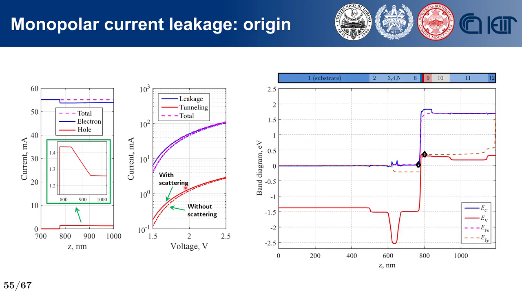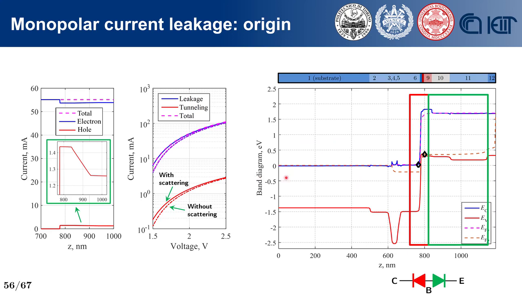Let's stay on this. If we come back to our band diagram, we can try to draw on it these two squares, and we can understand basically that this band diagram is almost equal to the one of a couple of back-to-back anti-series diodes. It is like having a base current given by a tunneling current, the flow of electrons going from right to left through tunneling, and this enables a much higher flow of electrons going from the extreme right towards the left.